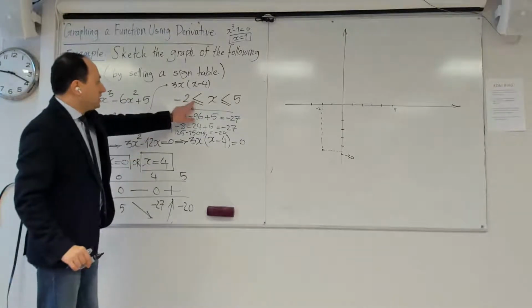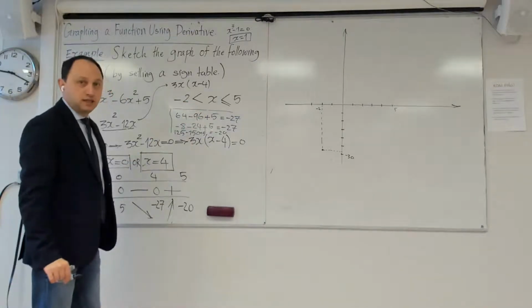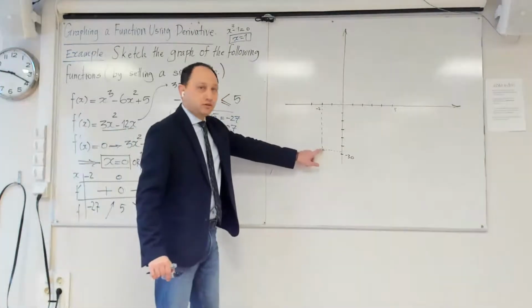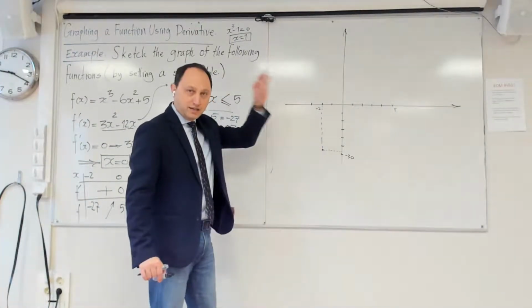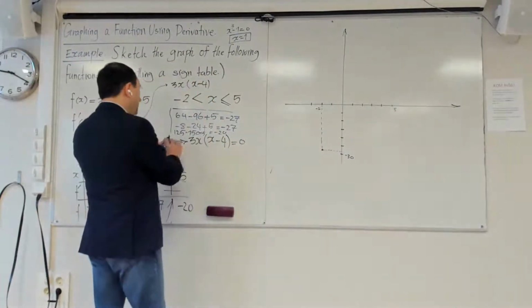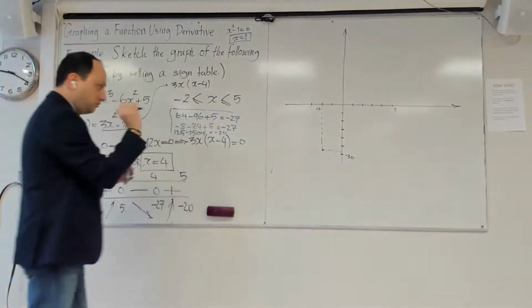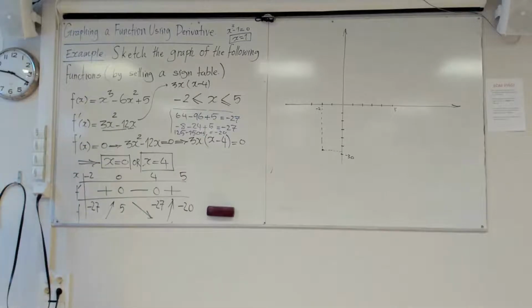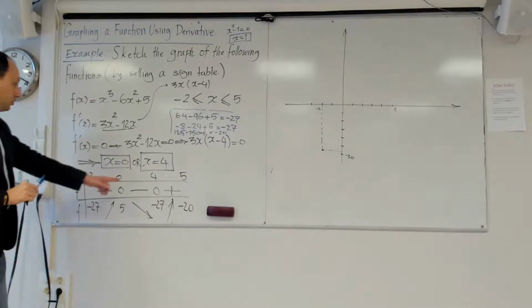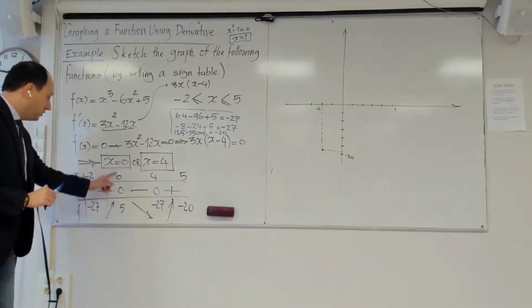If this interval is like that, then you need to put a hollow dot, showing that you are excluding that point. But here, I have written here, so I put a filled dot, meaning that I am including the left end point.